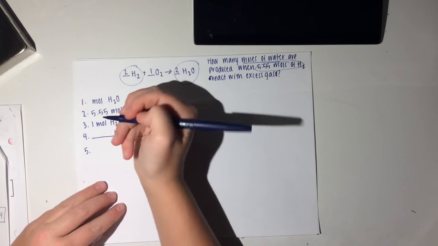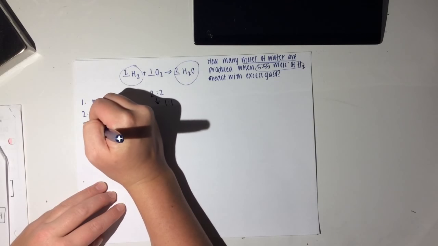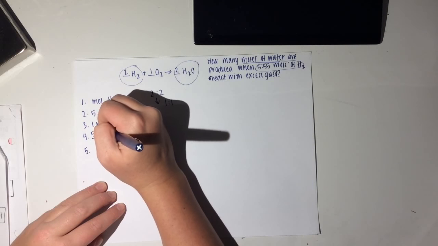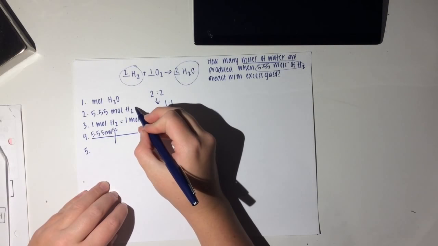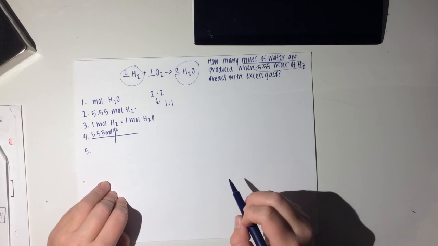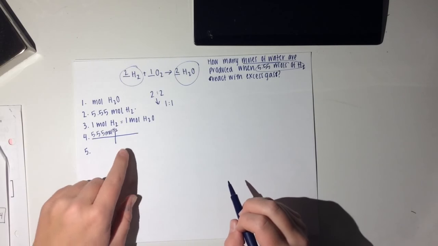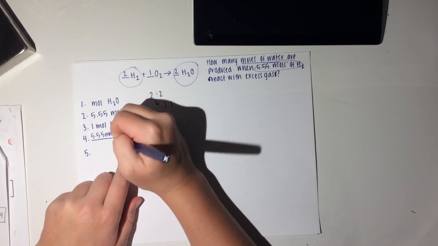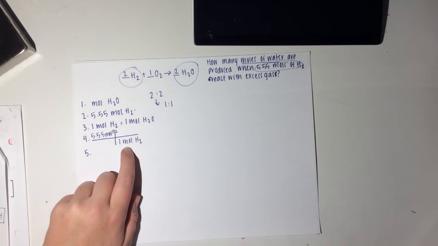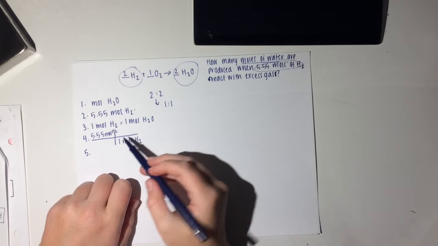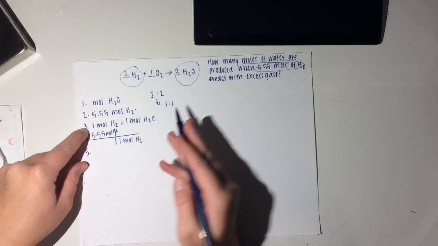Next, we start with our given, 5.55 moles of H2. Remember, step 2 is the given. And then now we have to cancel out H2. So we'll go ahead and write 1 mole of hydrogen. And then now 1 mole of hydrogen is equal to 1 mole of H2O.